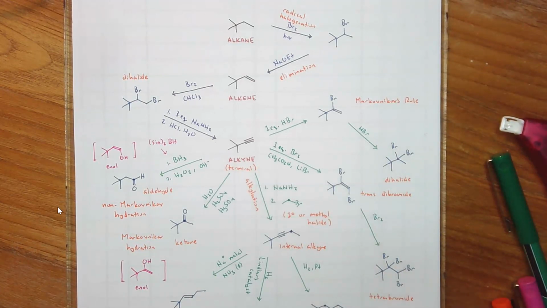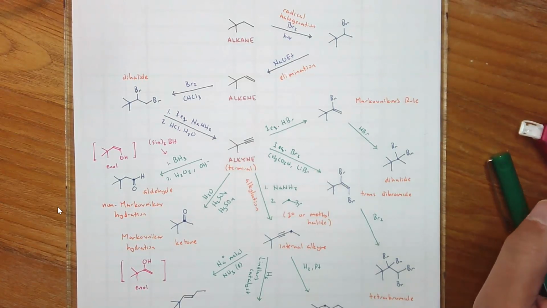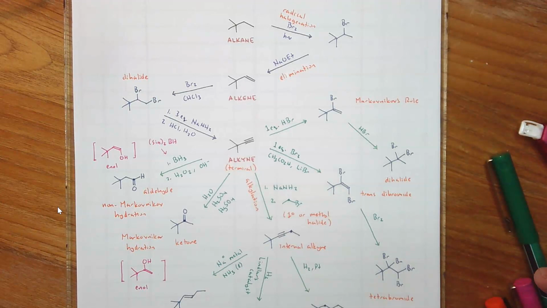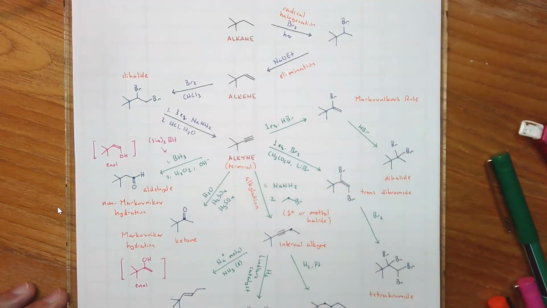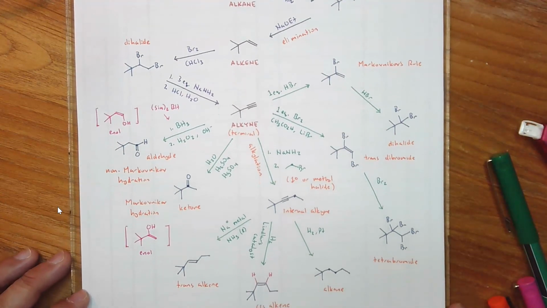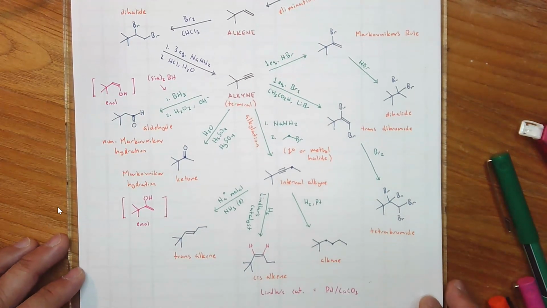But for this to stick and for this to have easy recall during an exam, you'll want to draw your own roadmap. You just can't study off of this one here. I don't think the concepts and the reactions and reagents will be sticky enough unless you draw it by hand on your own. But this is a good guide, I think, to making your own roadmap.